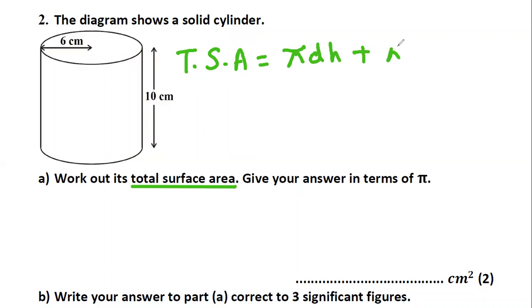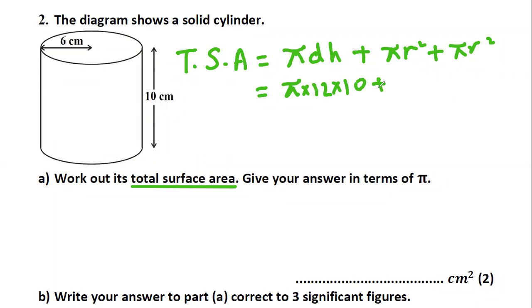plus pi r squared for one of the faces, say the top face, and then also for the bottom face as well, pi r squared. So pi times diameter: if radius is 6, diameter will be 12, and height is 10.